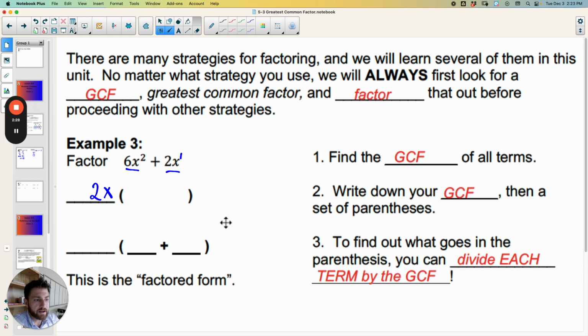And I'm going to go ahead and start my third step here in this set of parentheses. I'm going to divide each of these terms by my GCF.